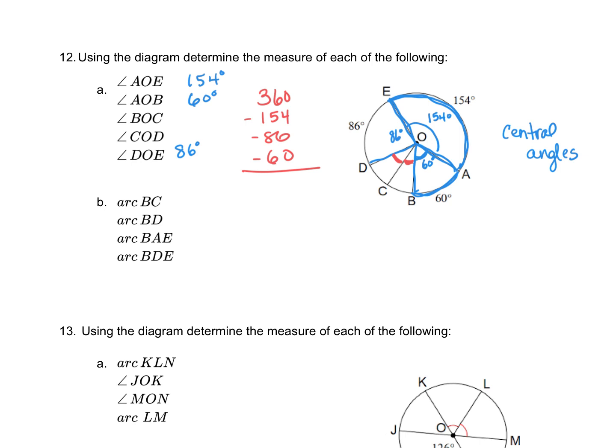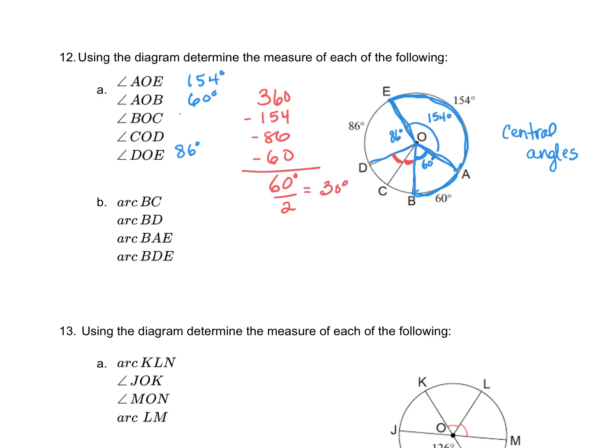So let me do that. On the calculator, after you subtract 154, 86, and 60 from 360, we are left with 60 degrees. Now, if both angles, BOC and COD, are congruent, clearly I want to take that total of 60 degrees and divide it equally between those two angles.